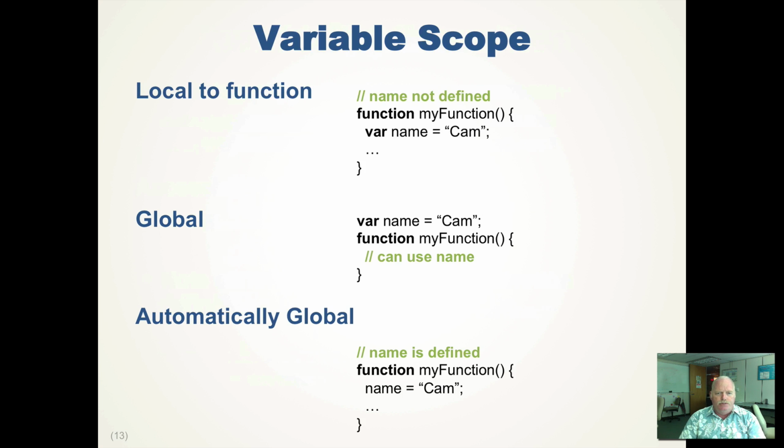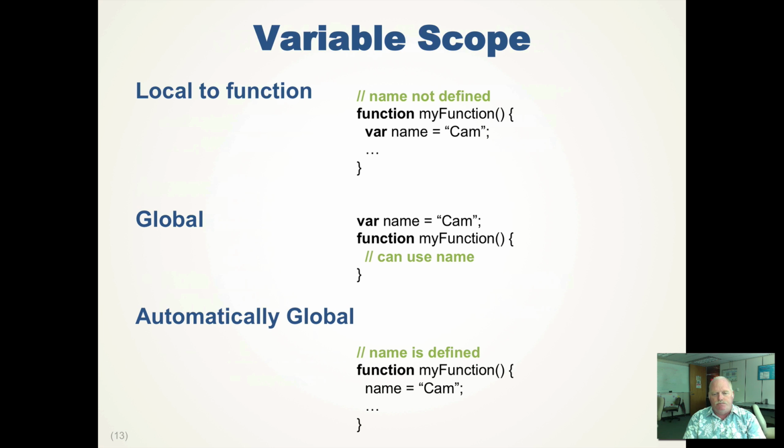So variable scope in JavaScript, we have basically two scopes, local to the function and global. So in the first example here, we say function myFunction, we declare the variable name in the function. Outside of the function, name is not defined, so it cannot be accessed or used. Global, if it's outside of the function, then it is now accessible not only to the global space, but the functions can use them.